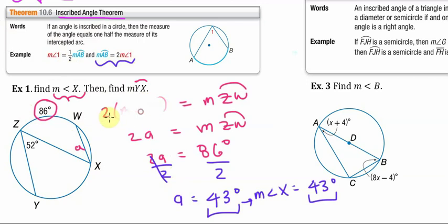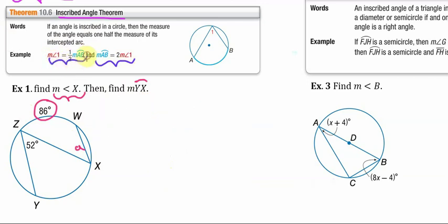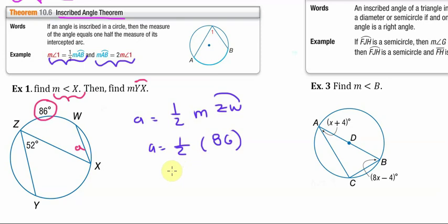So erasing this real quick, if I had used my first formula, I would have said that A equals 1/2 the measurement of arc ZW. I know that arc ZW is 86 degrees. And so if I take 1/2 times 86, I get 43 degrees. So this is actually a little quicker, but either formula is going to get you the right answer. It's just that one is solved for the angle and the other one is solved for the arc.